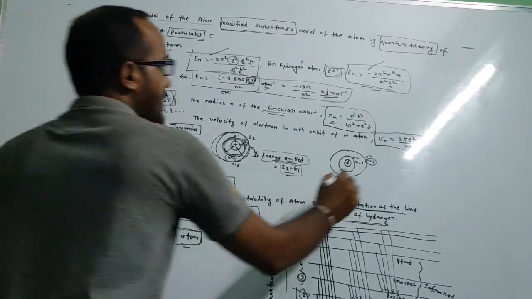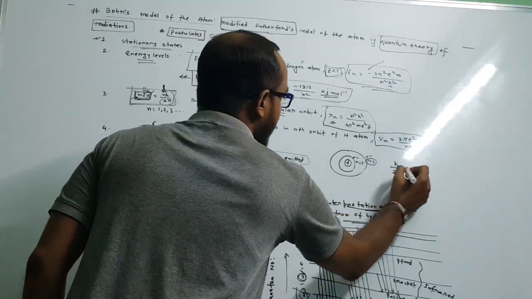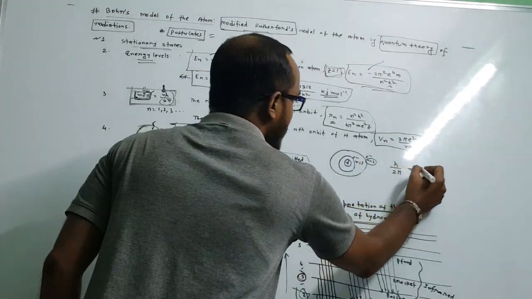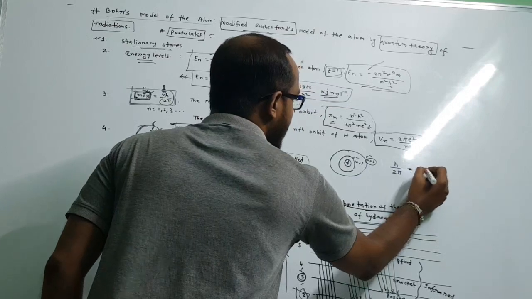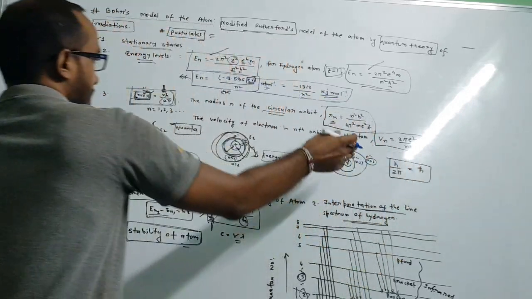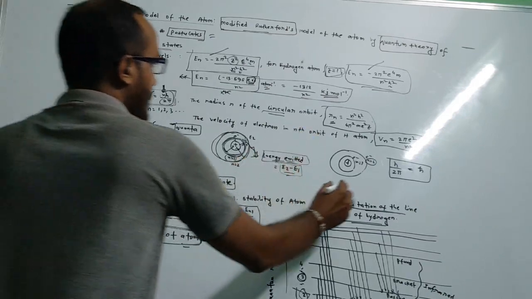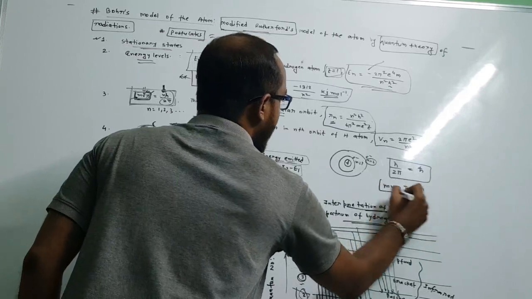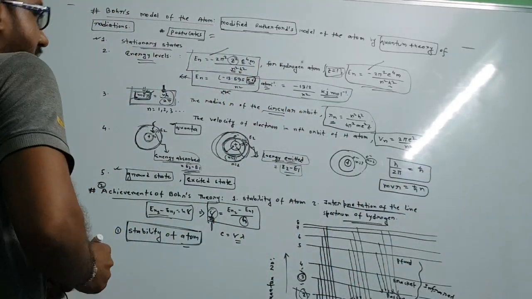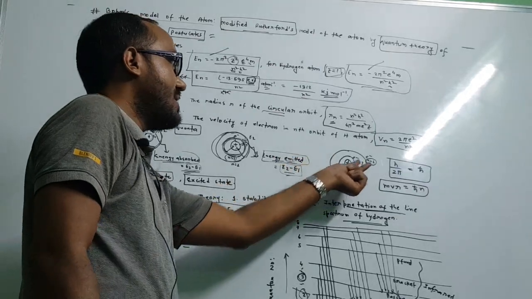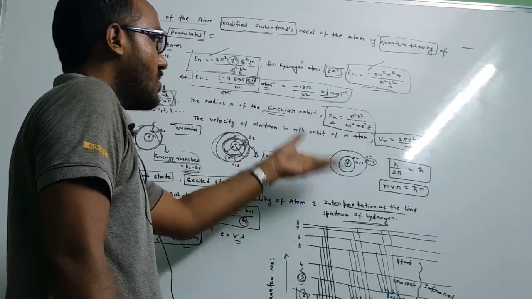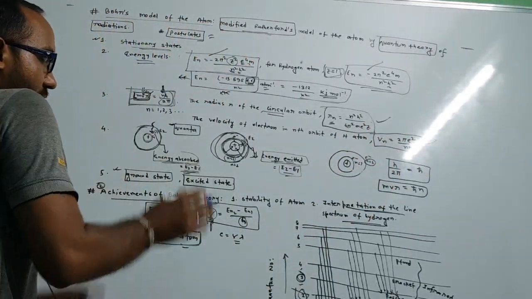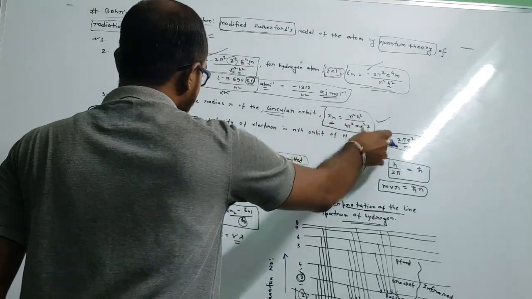We can treat h by 2 pi as a new constant because it is used extensively in quantum physics. h by 2 pi is known as h cut, so we can write angular momentum as h cut into n. That means every particular orbit has its own angular momentum, and the radius and velocity of a particular orbit we can find out by these relations.